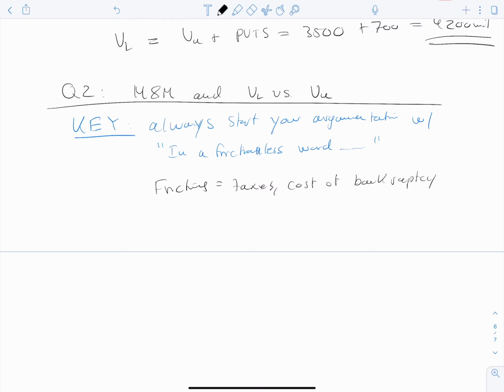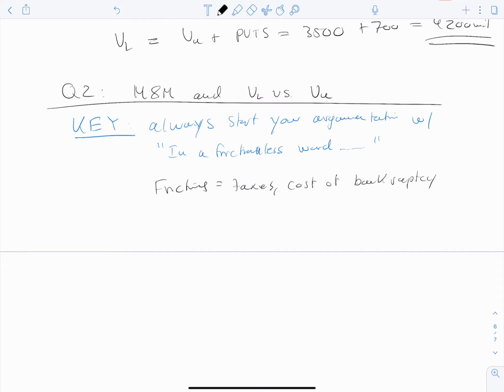They say in a simple world, in a world without frictions, the following holds true. And then because you have this simple world, you can very analytically introduce different things into your world, for example taxes, and then see in isolation how that influences your world, right?